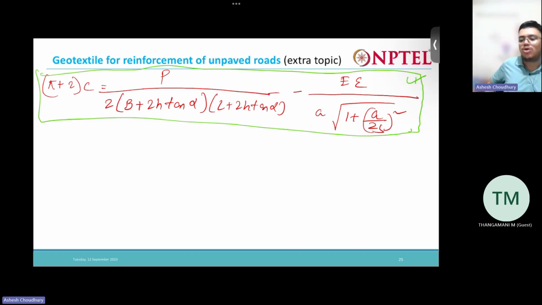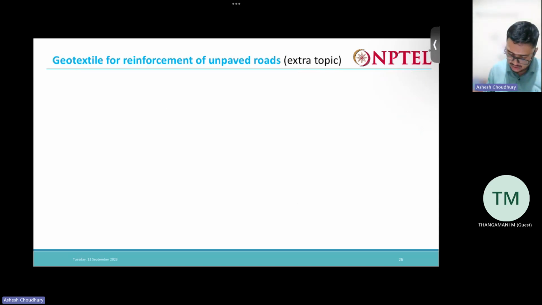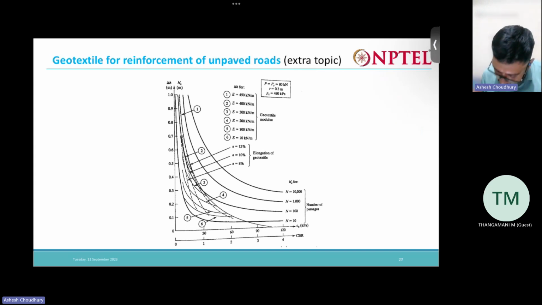Giroud and Noiray also gave some curves. From this equation, what they did was, for particular wheel load and tire inflation pressure, they constructed some curves like this. So for a wheel load of, say, 80 kilonewton, rut settlement of 0.3 meter, and inflation pressure of 480 kPa, they constructed this curve.